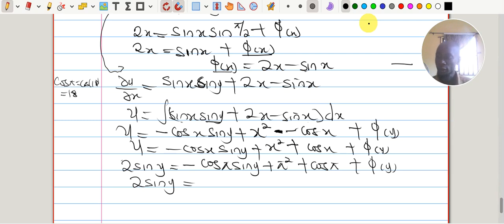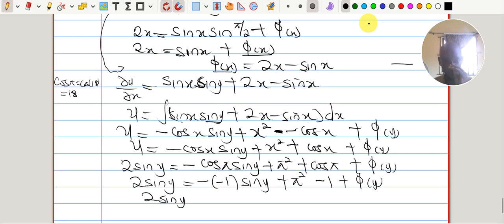This one becomes minus times minus 1 sine y plus pi squared, plus minus 1, plus phi. Now we have 2 sine y, and this one becomes minus times minus, plus sine y plus pi squared. This one is minus 1, plus phi.